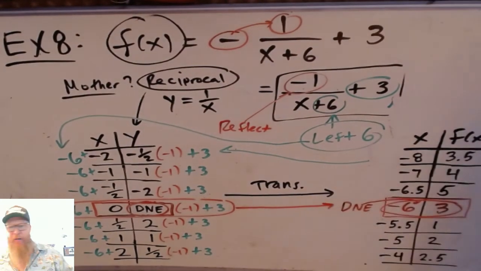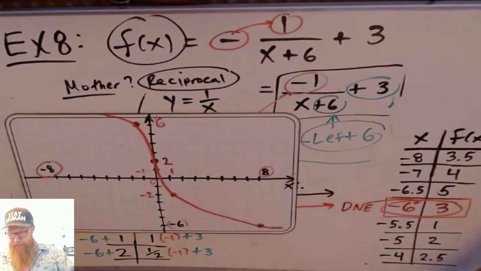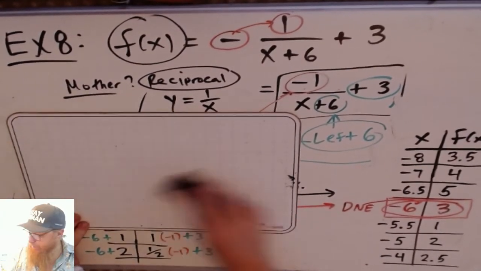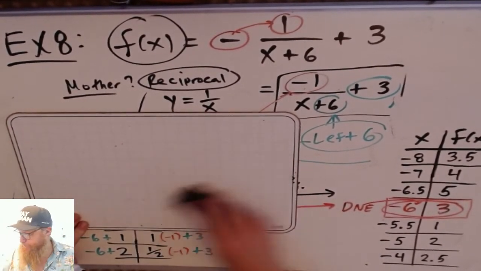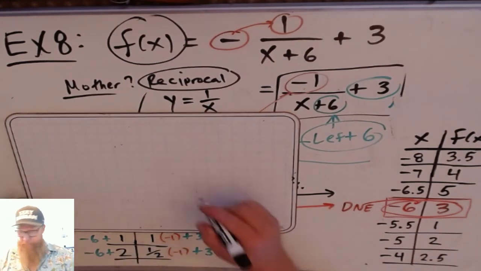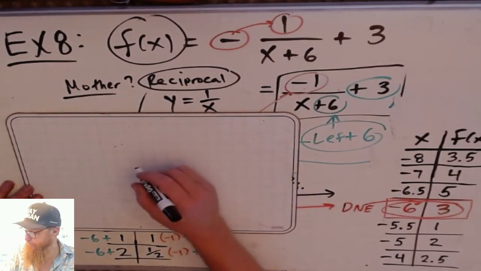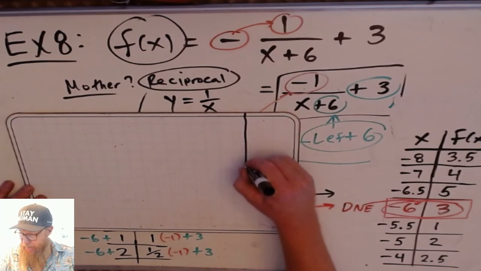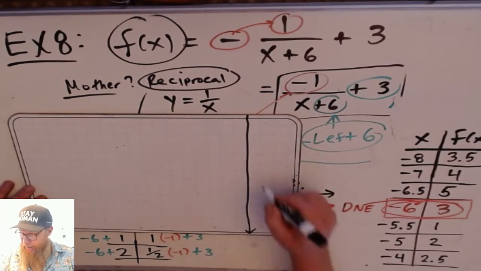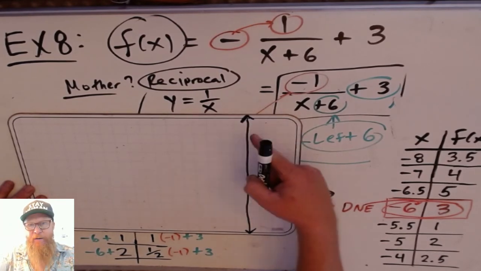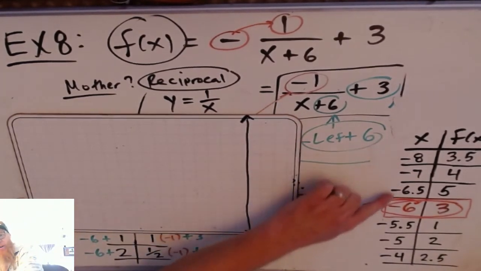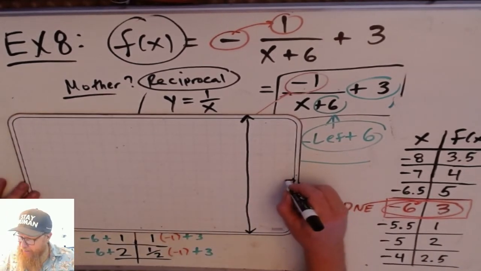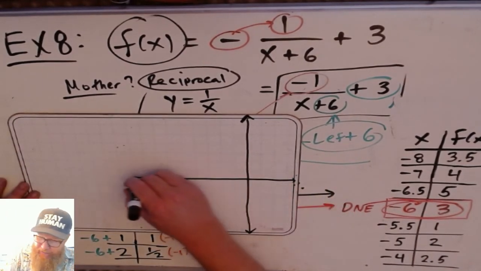Okay, this will be our last graph for this lesson. I'm putting my y-axis way over here because notice that all of my x's are negative, so the whole graph is going to live way over here.